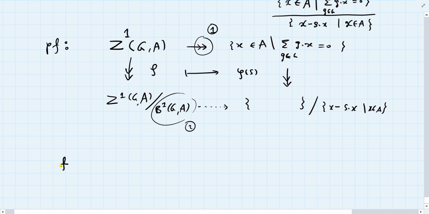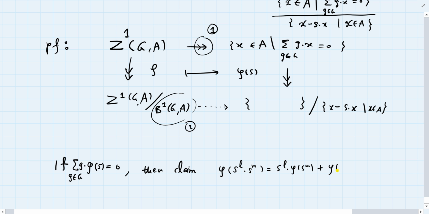So if phi s equals 0, then we claim, can we prove this?